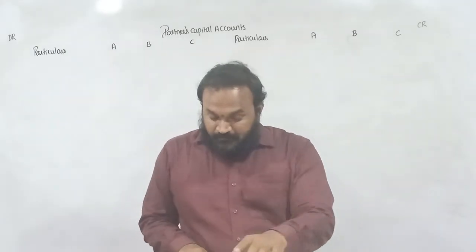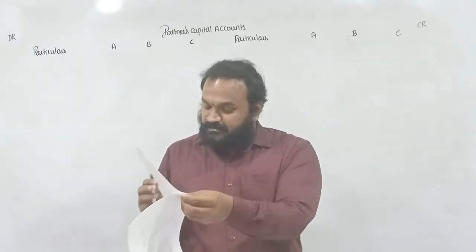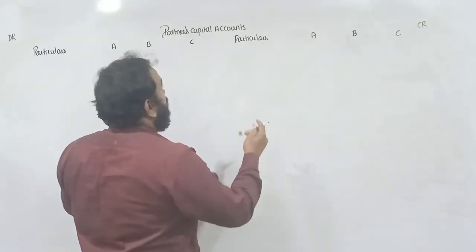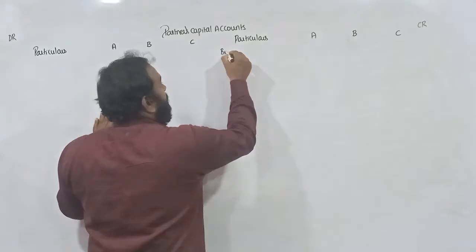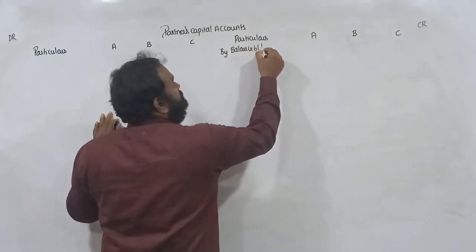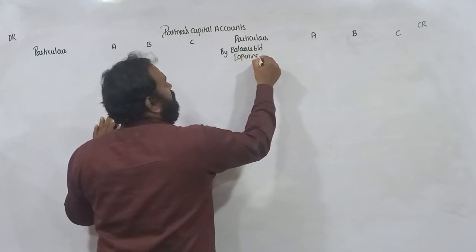First, from the balance sheet, show the opening balance of A and B. A capital balance 2,85,000, B 1,55,000. By balance brought down.